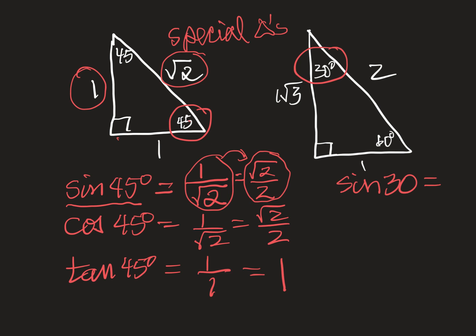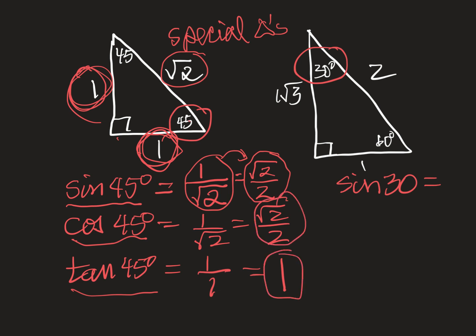We do exactly the same thing with the cosine of 45, adjacent over the hypotenuse, and the tangent of 45, where we put opposite over adjacent. And so these are the simplified versions. Anytime you have a triangle with a 45-degree angle and you want to find the sine, cosine, or tangent of 45 degrees, you're going to write square root of 2 over 2, or 1, depending upon whichever one you have.